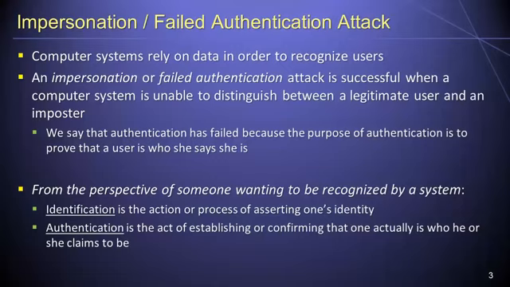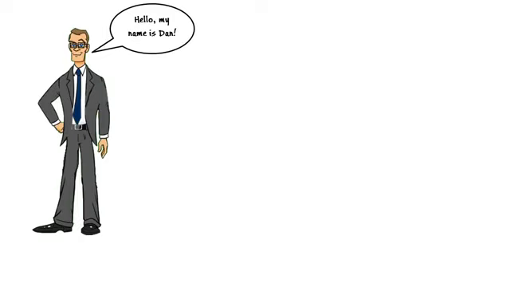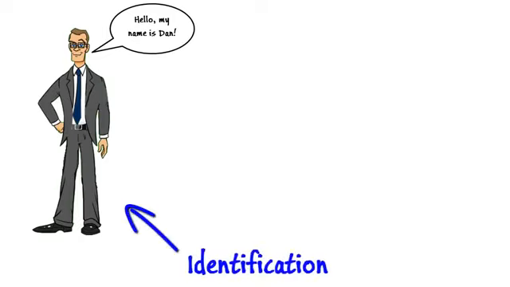identify and authenticate yourself to a security agent when you go through the security checkpoint at an airport. If you were simply to walk up to the security agent and give him or her your name, then from your perspective, you are identifying yourself. You are telling the agent, "My name is Dan," for example.